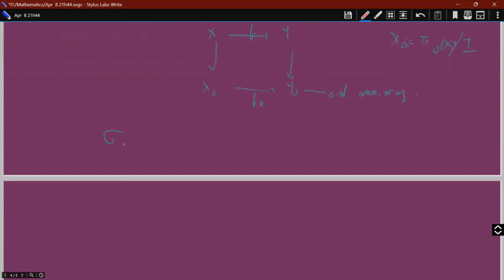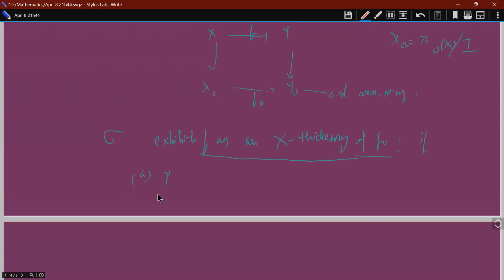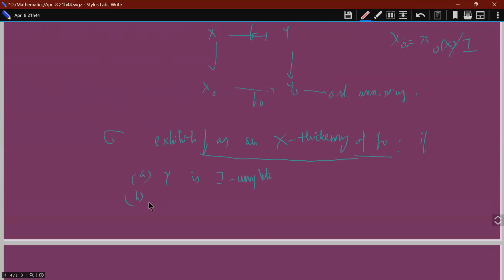We say that the diagram exhibits F as an X thickening of Y naught if two things hold: first, Y is I-complete; second, and maybe I'll write it as three parts, this diagram induces an isomorphism of commutative rings.